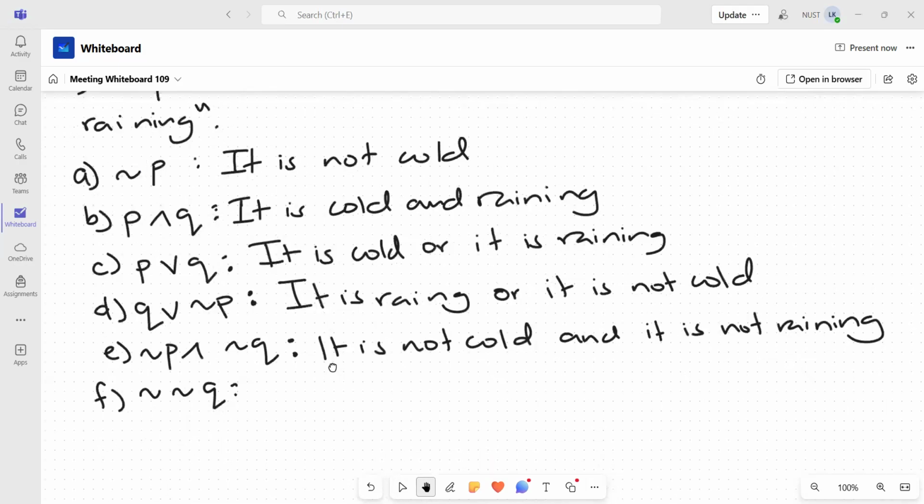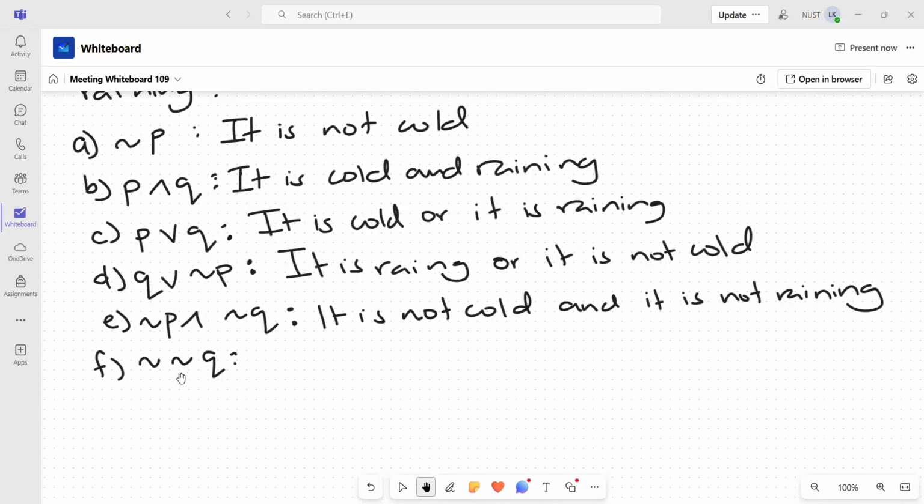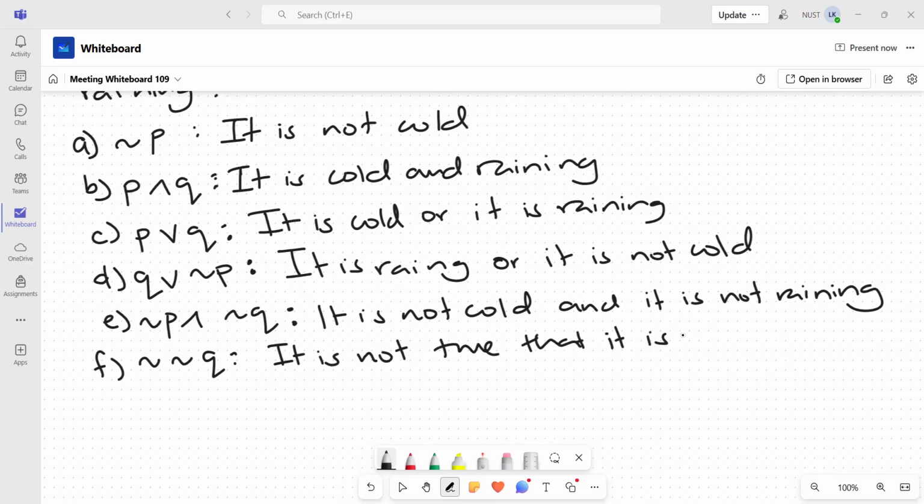And then not Q, you could say something like it is not true that it is not raining. Okay, so that is how you could answer that one.